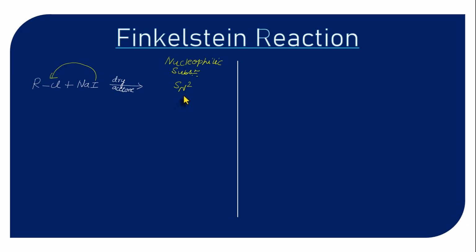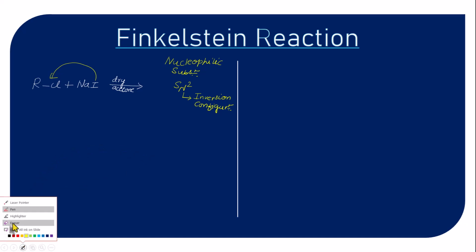The product obtained will have inversion of configuration. So these are the extra points I want you to remember. The reaction is a simple nucleophilic substitution reaction, and the mechanism is SN2. As a result, the product obtained will have inversion of configuration.